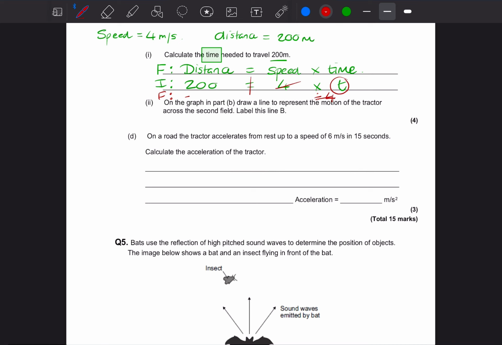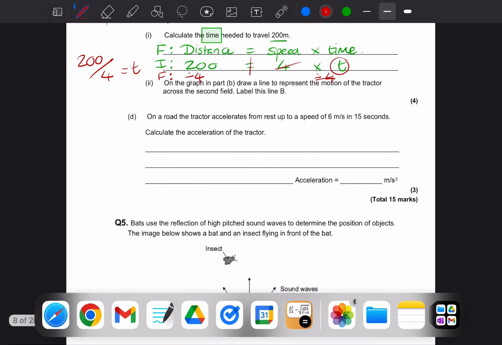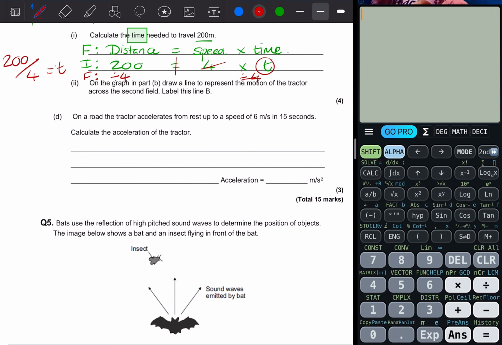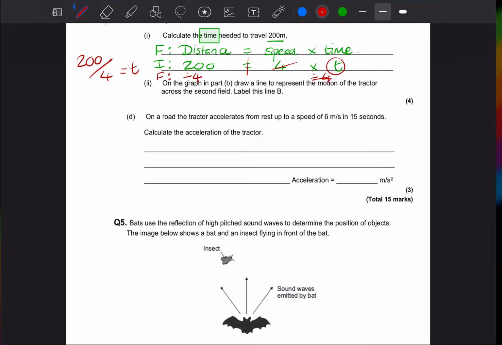We've got to do the same to this side, so divide by 4. So we will end up with 200 divided by 4 is equal to T. And we'll figure out that answer. Let's just calculate again. 200 divided by 4 gives us 50.